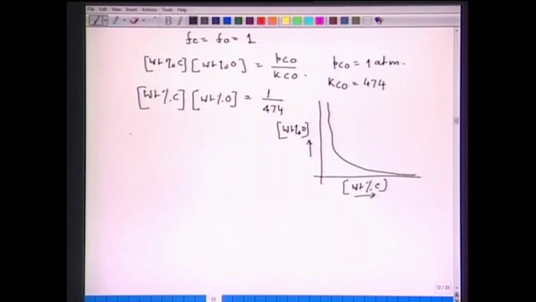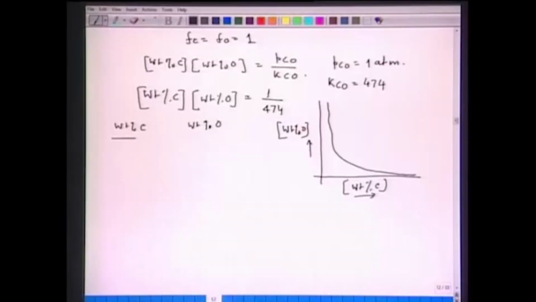Now, for example, if I take weight percent carbon and weight percent oxygen, and I calculate for different PCO values, I take PCO of 1 atmosphere, 1.2 atmosphere and 1.5 atmosphere.